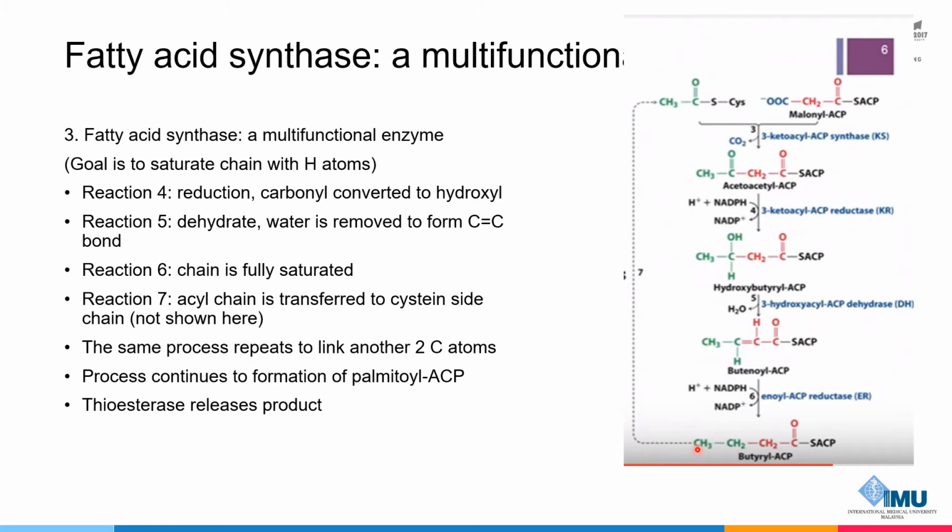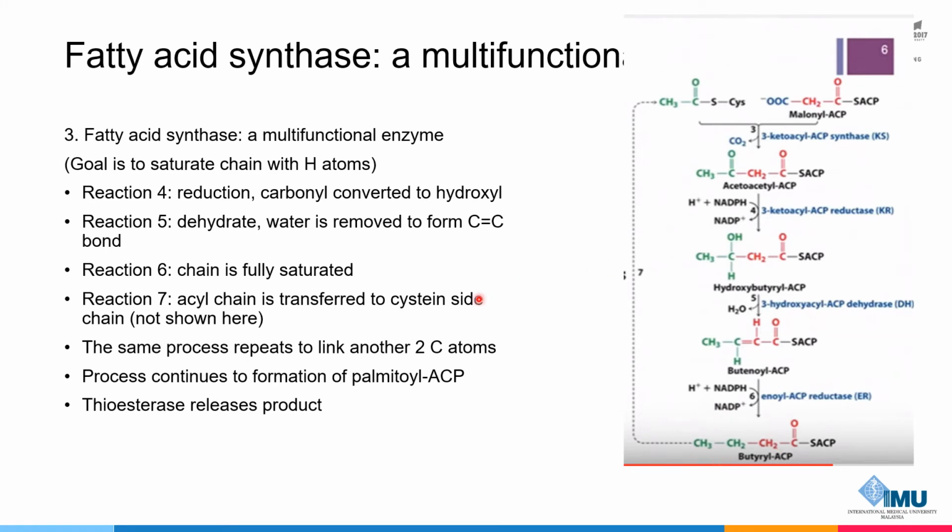So now this 4 carbon chain will be sitting on the cysteine residue, and the enzyme will pick another malonyl CoA and join it to this 4 carbon chain.